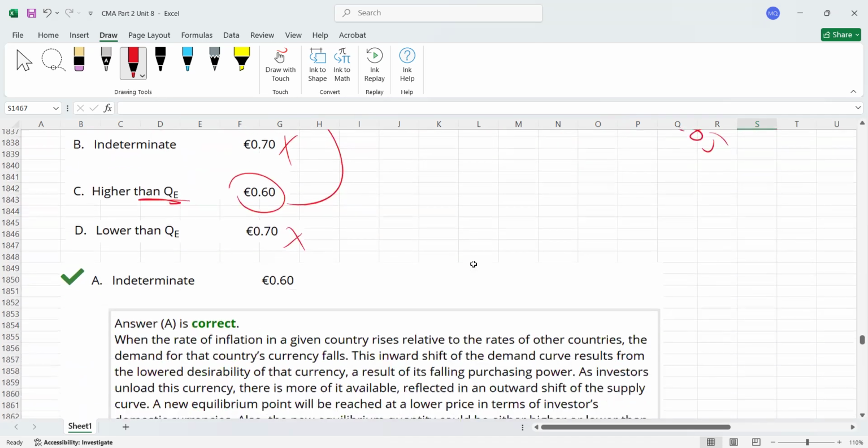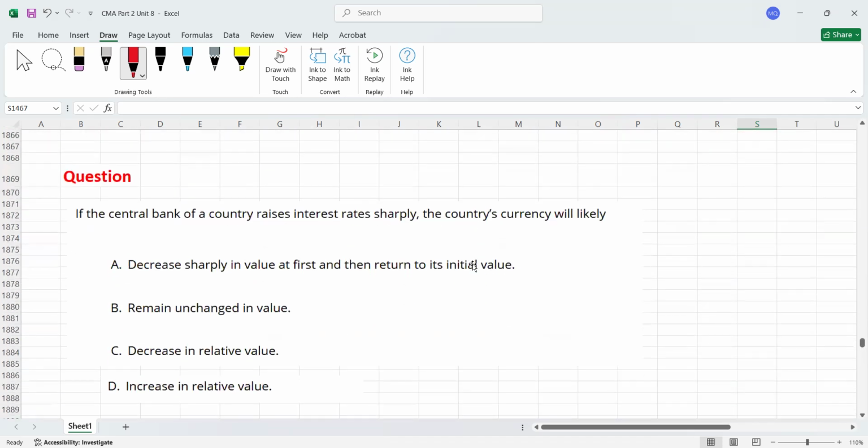Okay. We got another question. Can you look at here? They're saying that if a central bank of a country raises interest rates sharply... Do you remember interest rates? I told you previously, the country which will increase the interest rates, obviously people want to invest into that country, right?